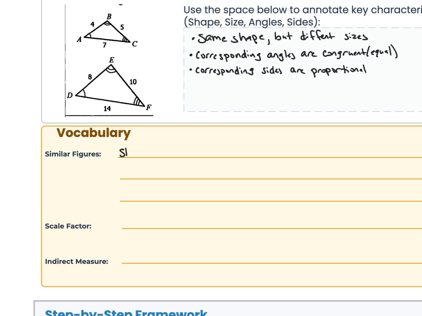They are shapes that have the same shape. That's really redundant, I'm sorry. But different sizes.